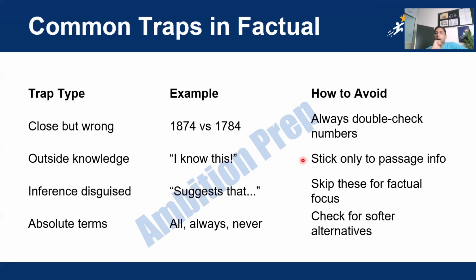Next, what are the common traps in factual based reading comprehension? For example, close but wrong. Some traps in factual passages can be like 1874 versus 1784.